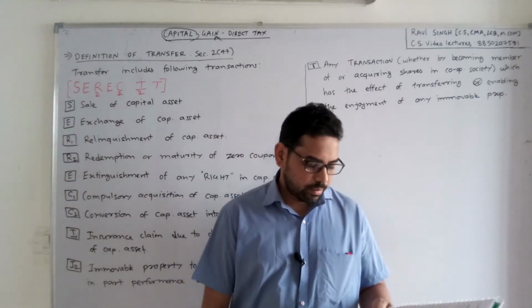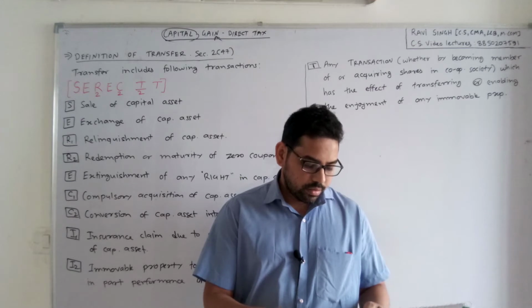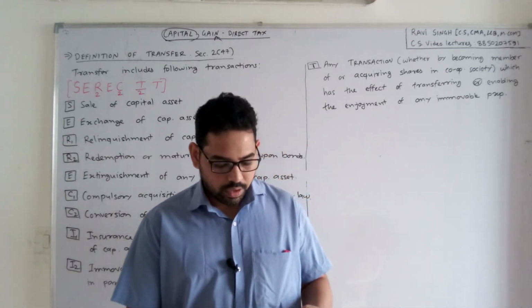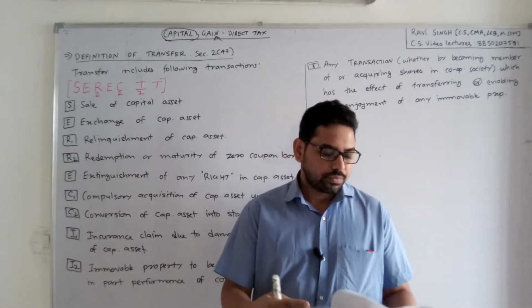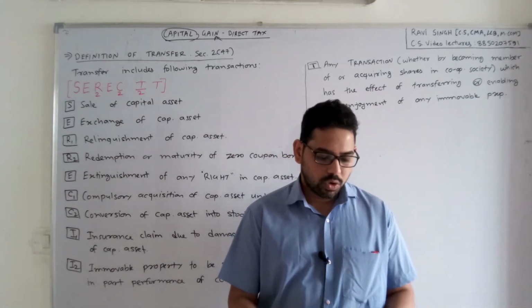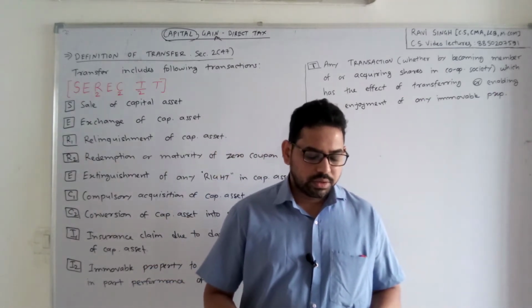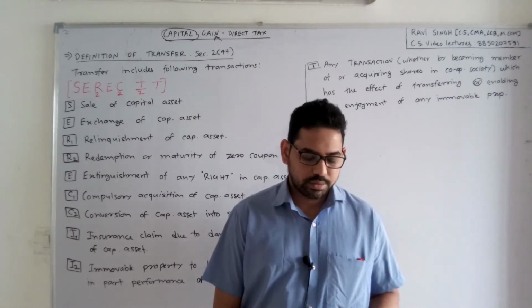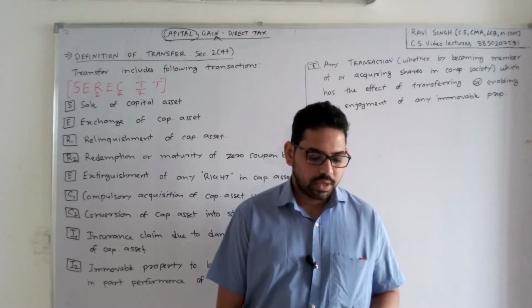So urban area means any area that is municipality, cantonment board, etc., which has a population of 10,000 or more, or shortest distance from the area is up to 2 kilometers and having population of more than 10,000 up to 1 lakh.